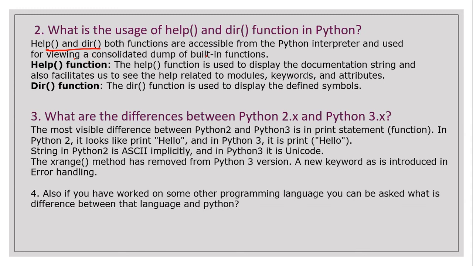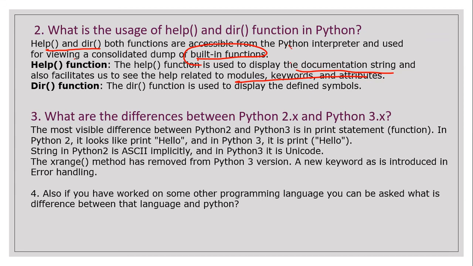So basically they are built-in functions, and what the help function does is display the documentation string and facilitate us to see the help related to the module's keywords and attributes. So if I have to quickly say what the help function is, basically it displays the documentation string.